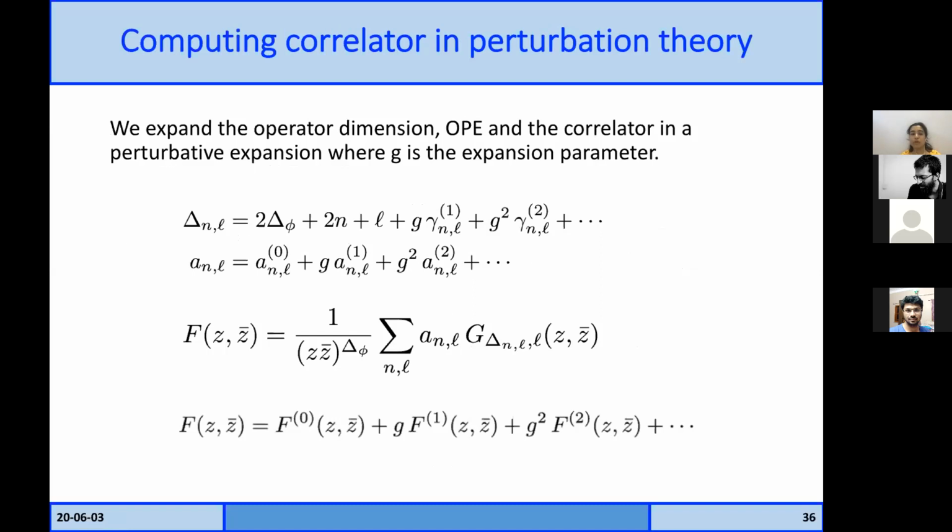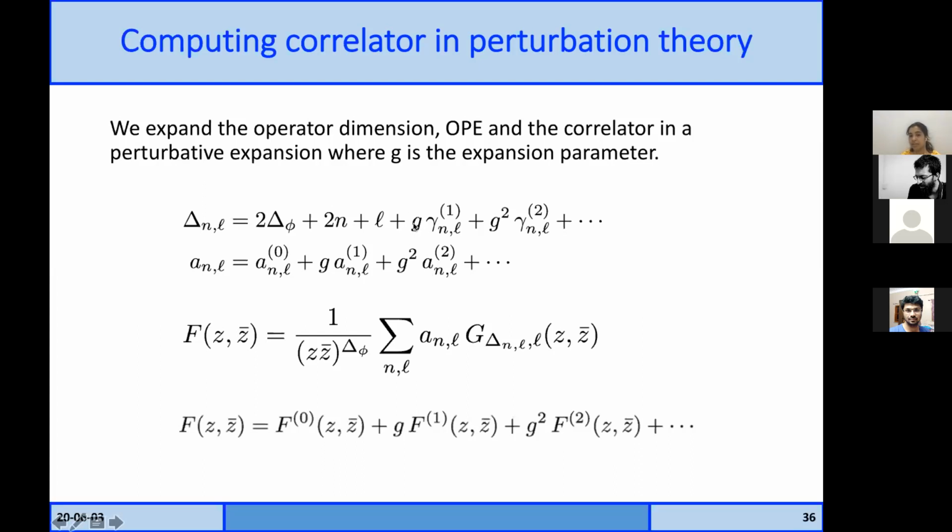Now let's move on to perturbative CFT. How do we compute the correlator in perturbative CFT? We expand the operator dimension and OPE coefficient in a series in the perturbative parameter.